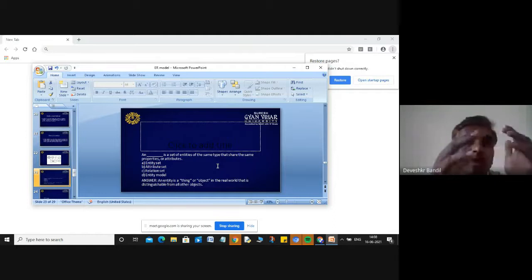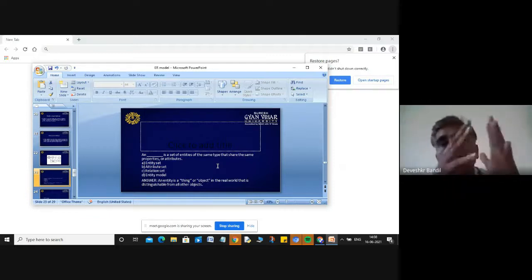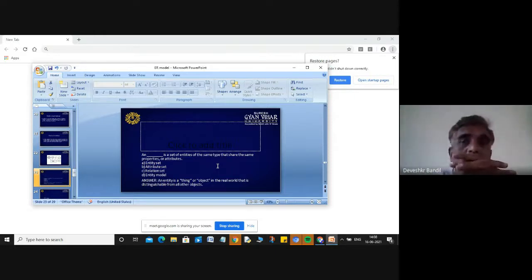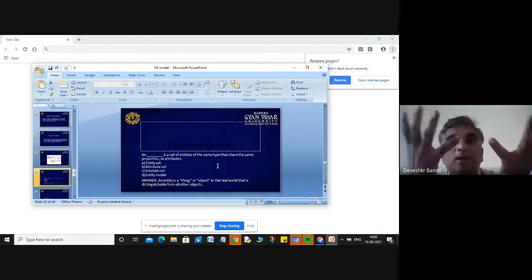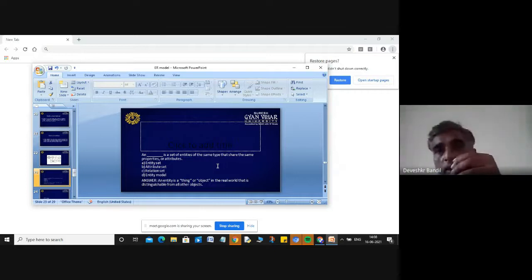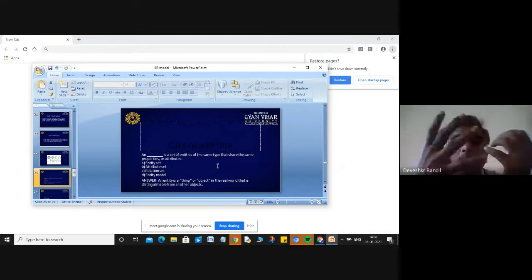That's why you can say that your age is your derived attribute, and your derived attribute is not physically present in your database. You can only derive it from another attribute. Another attribute means here your date of birth. So from the date of birth you can derive the age of your employee.